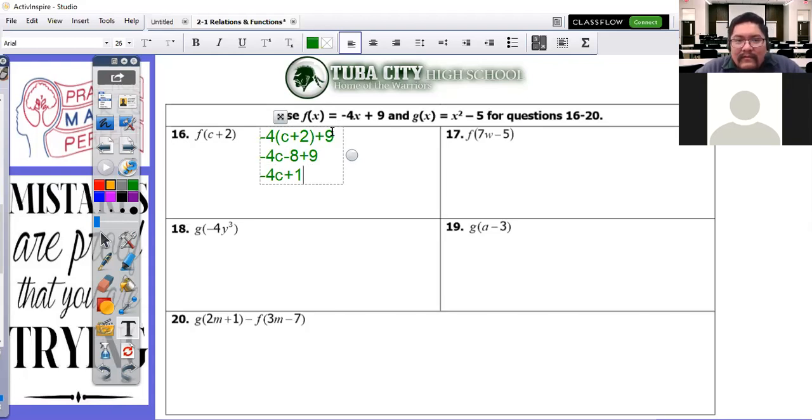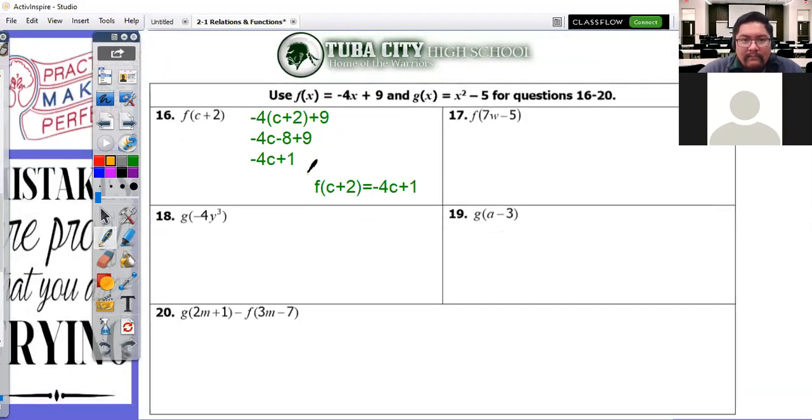So 9 minus 8 would be 1. That's as far as we can go. We could write it in function notation. So f of c plus 2 is equal to negative 4c plus 1.